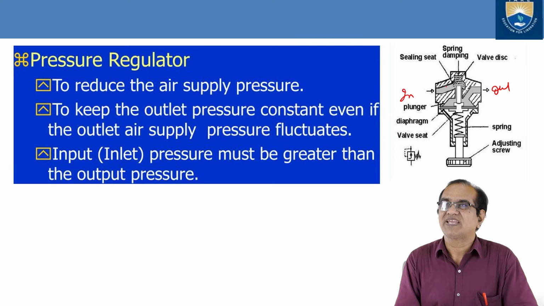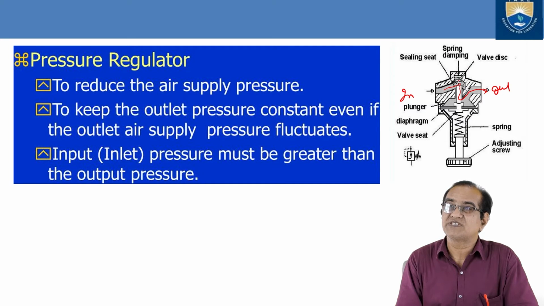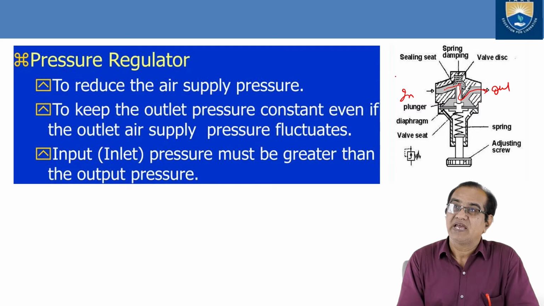It is working in such a way that it is loaded and it will go from here and then enter here and then go out as per the opening, due to these springs and other mechanisms. Here is also one spring, here is the diaphragm. All this will maintain a certain amount of pressure and that much only output will go. But the input should be higher than the output.